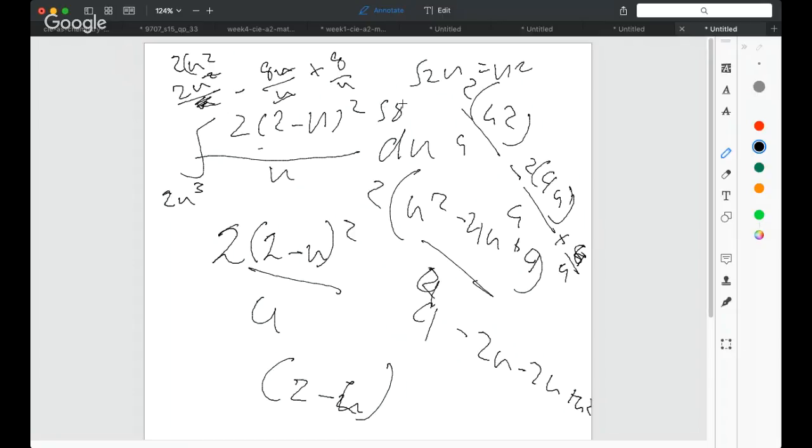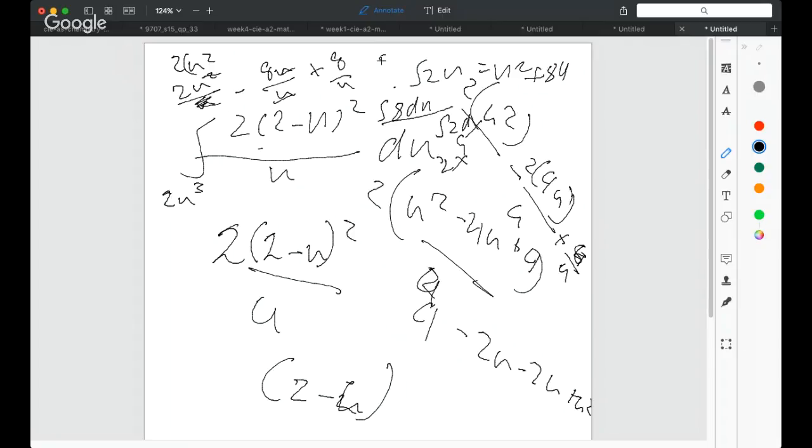What's the integration of 4 du? What's the integration of 2 dx? It's 2x. So what is the integration of 4 du? 4u. Yeah, so minus 4u.